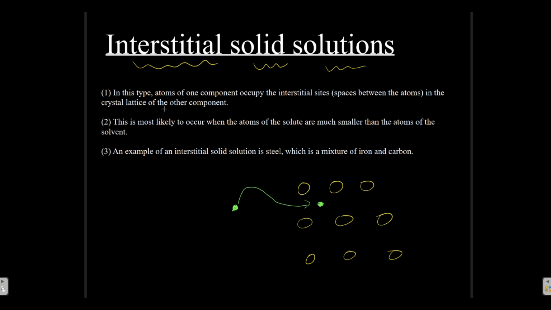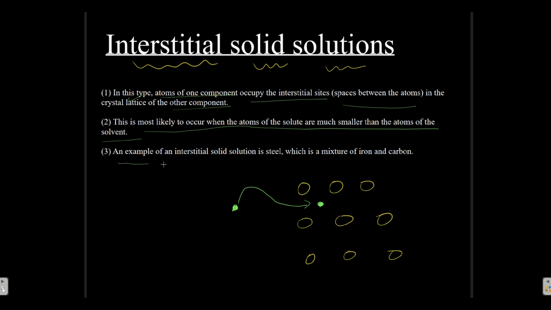So interstitial solutions, let's understand that in this type, atoms of one component occupy the interstitial sites, that is the space between the atoms in the crystal lattice of the other component. This is most likely to occur when the atoms of the solute are much smaller than the atoms of the solvent.